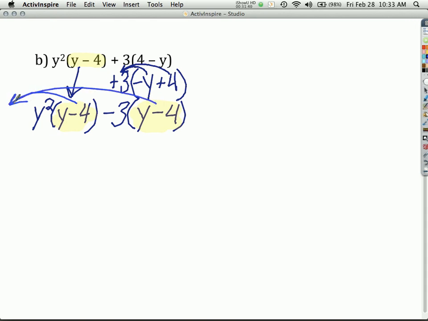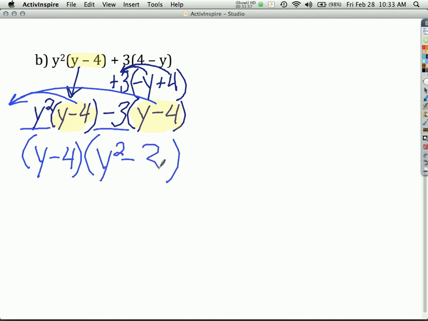This will be brought over here. So we'll write y minus 4 as the common factor on the outside. And then on the inside, we put what's left. Y squared is left. Minus 3 is left. Y squared minus 3.